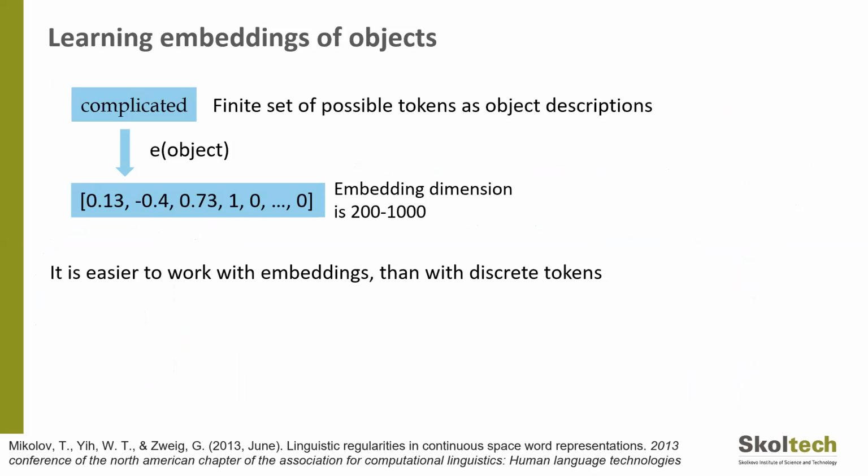So we want to have a mapping between words or tokens and embeddings. I suppose typical embedding dimensions are between 200 and 1000, but it's another hyperparameter you can tune. If you're happy with your own carefully selected dimensions, then it's okay. But typically it's something like this.